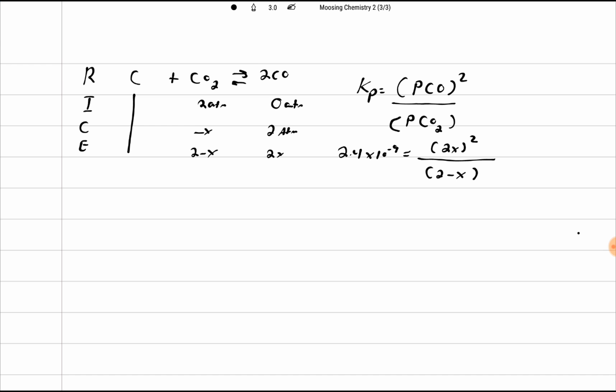Now, here's a little trick. You may like it, you may not like it, but if K equals or is less than 1 times 10 to the negative 3, just throw out the x.